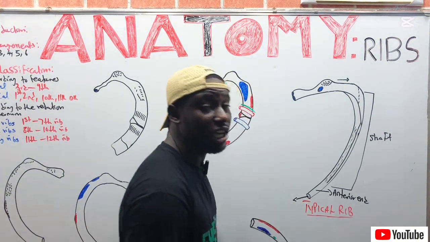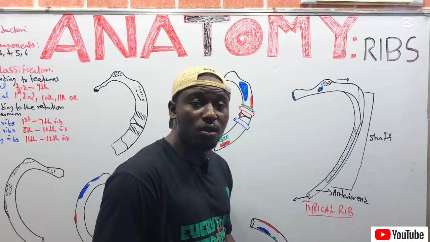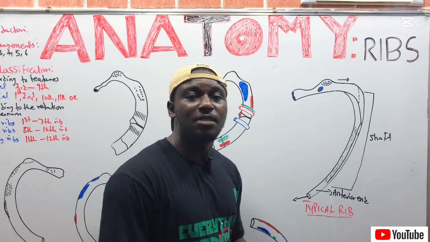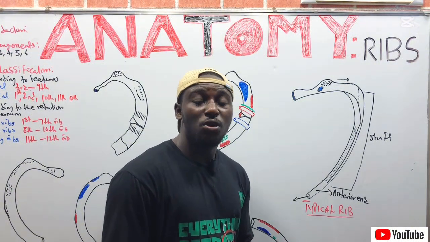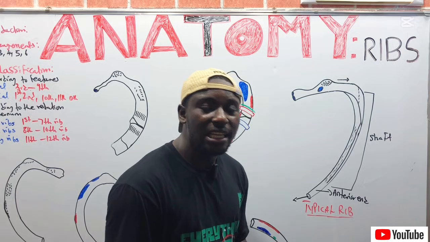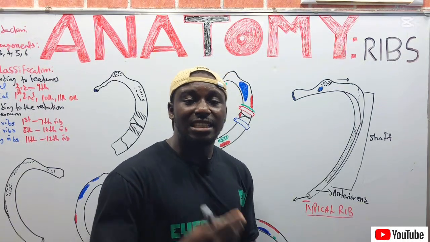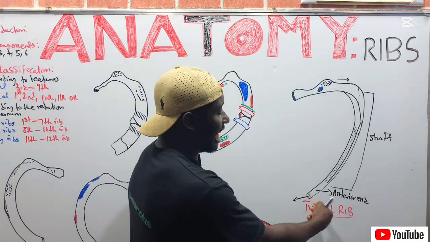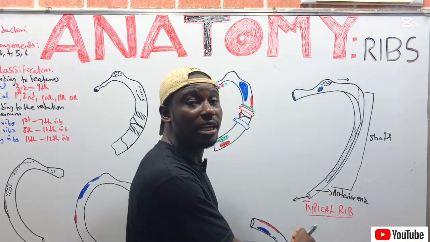It forms a cup-shaped concave depression within which it made an articulation with the costal cartilage to form a primary cartilaginous costochondral joint. That is for the anterior end of the typical rib.